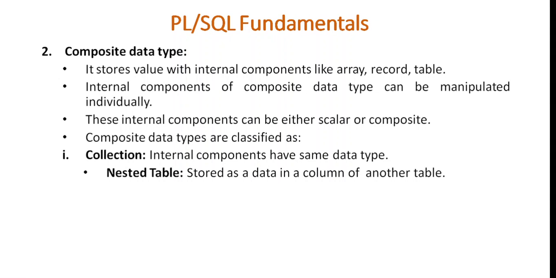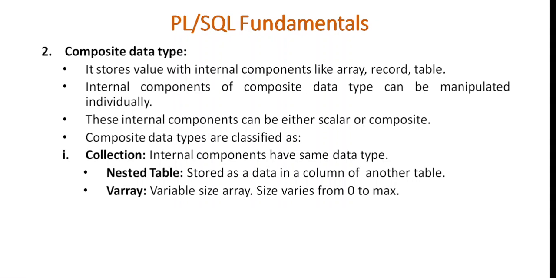For example, nested table. So nested tables are the tables which are embedded within another tables. Okay, so in nested table composite data type, one table is stored as a column of another table. Okay, that's why it is called as a composite type of data.